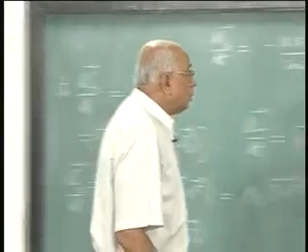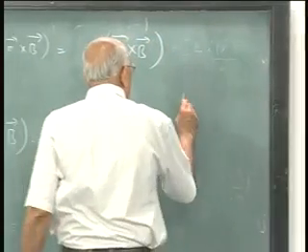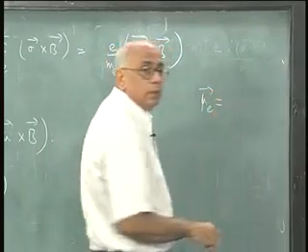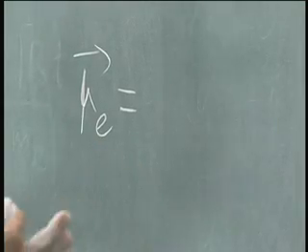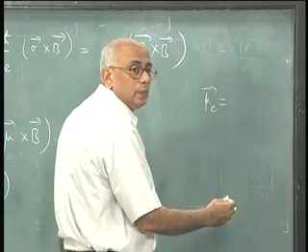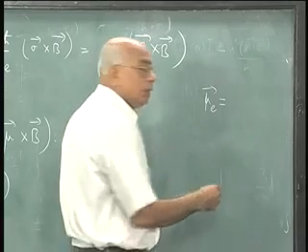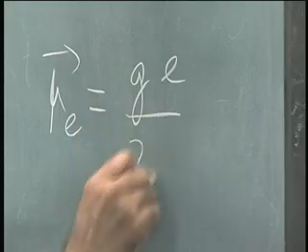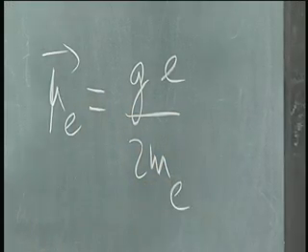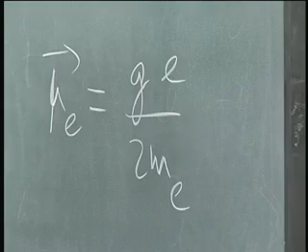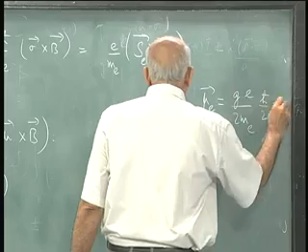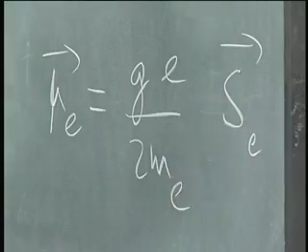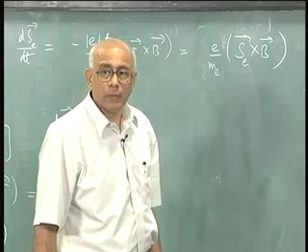In fact, what was mu_e? Mu_e was equal to, in terms of the spin operator, g e over 2m_e, g is 2, into h-bar over 2 sigma, into the spin, times the spin operator here.